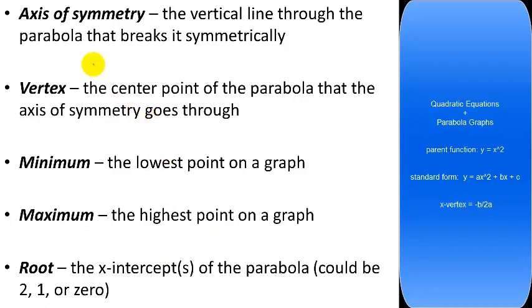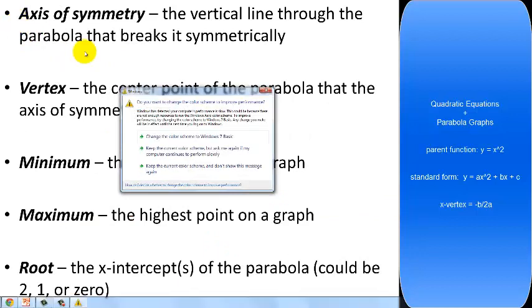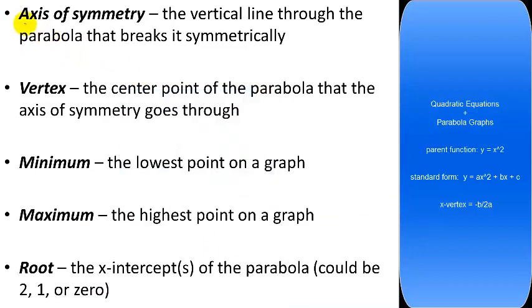5 more vocabulary words. Sorry about all this. The next one is called the axis of symmetry. So an axis of symmetry is a vertical line that breaks a parabola in half. As I just showed, a parabola looks something like this, and the left side and the right side are the same.